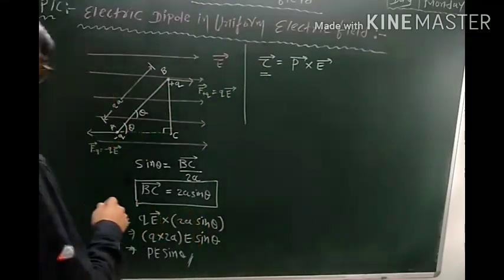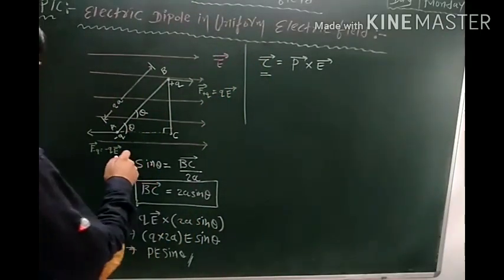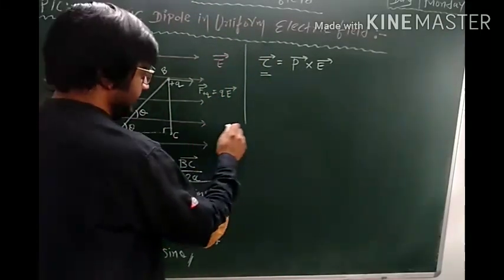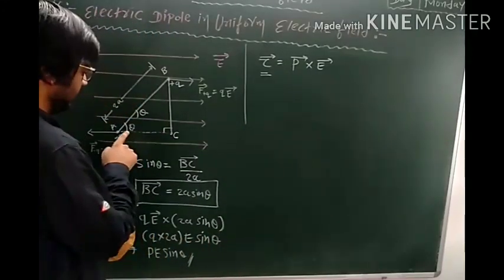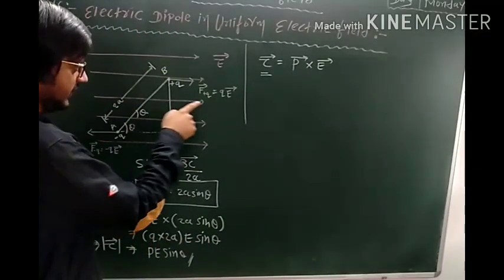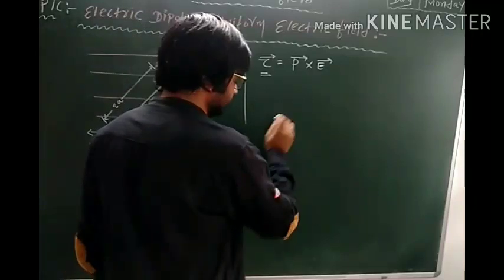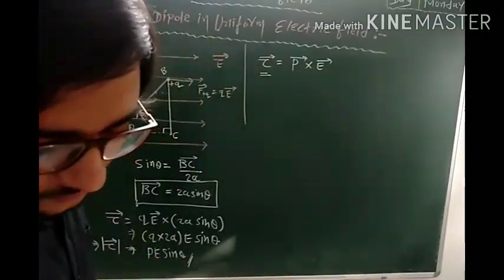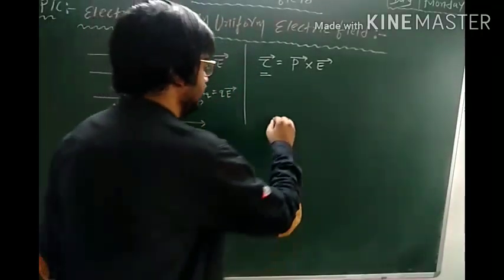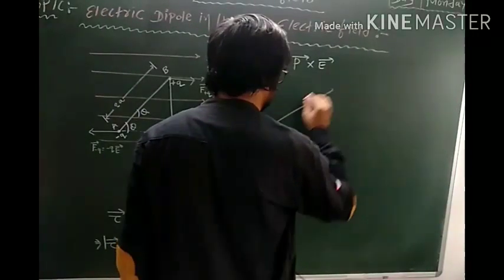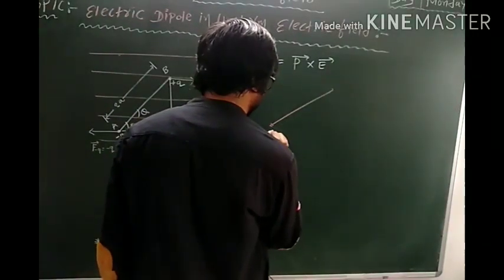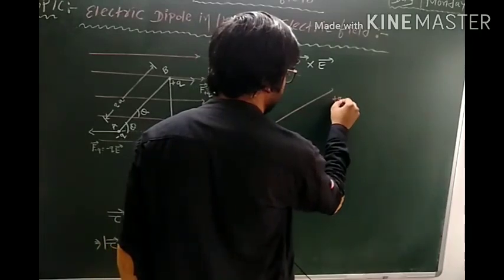From the figure one can see the torque acting on this dipole because of the electric field. We can draw the electric dipole with minus q and plus q charges.